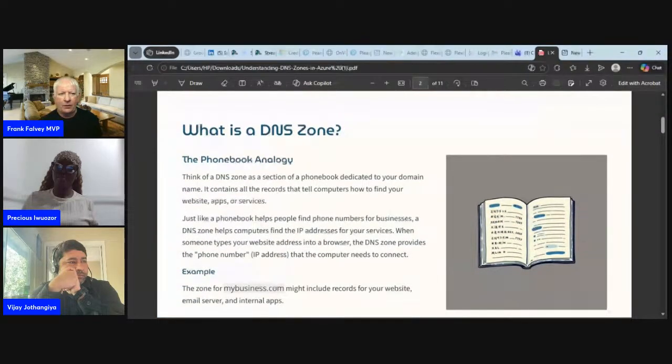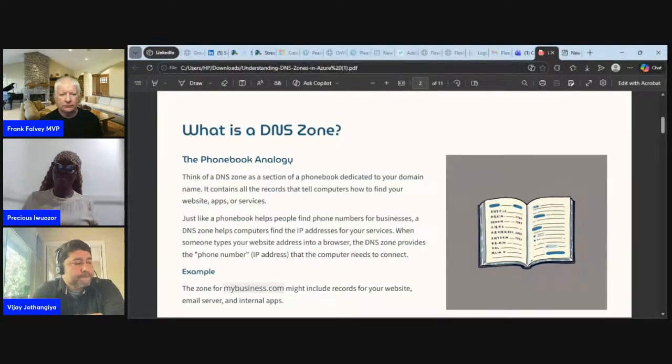Now, what is a DNS zone? A DNS zone, domain name system, is like a phone book that helps people find business numbers. A DNS zone helps computers find the IP address for your services.